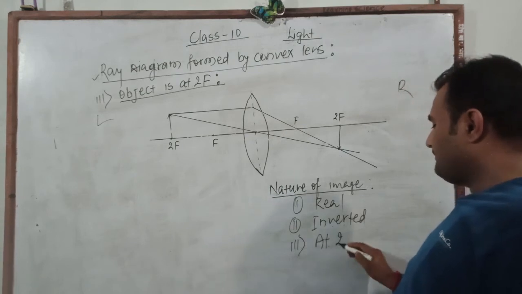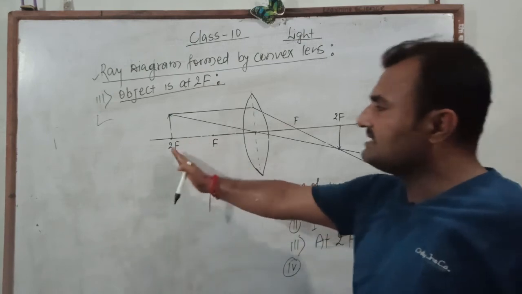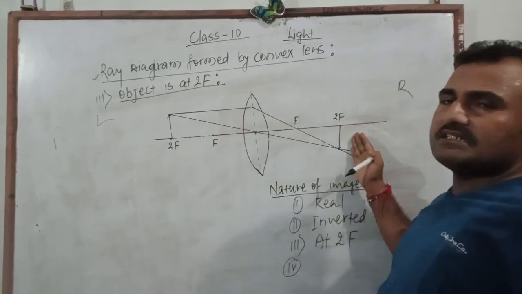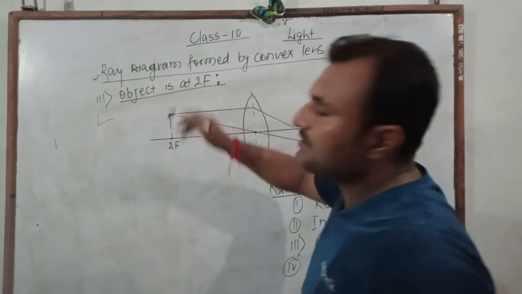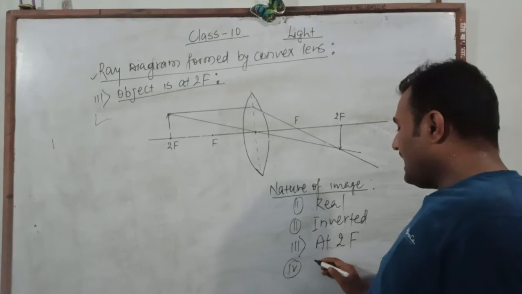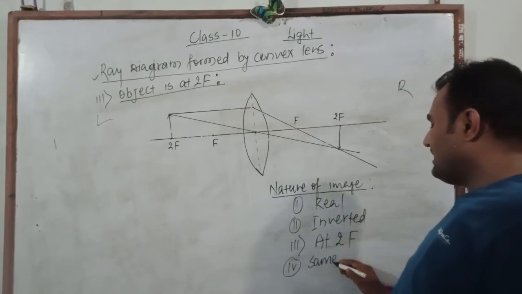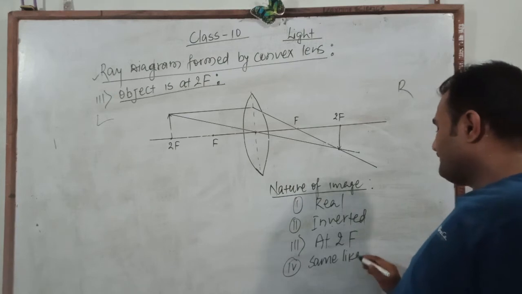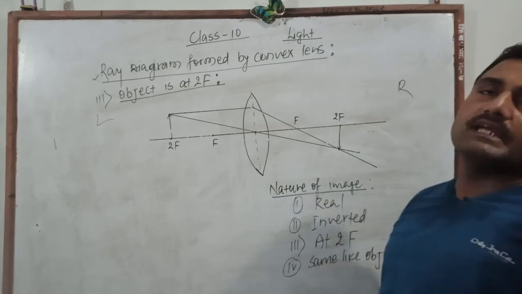And fourth, when the object distance and image distance are the same, then the height of the image and the height of the object will be equal. That is magnification 1. And the image will be the same as the object, of equal height also we can write.